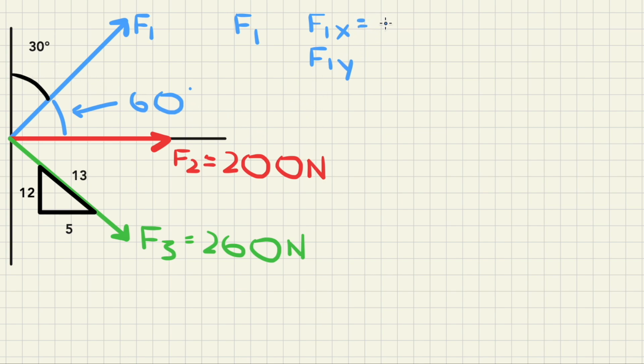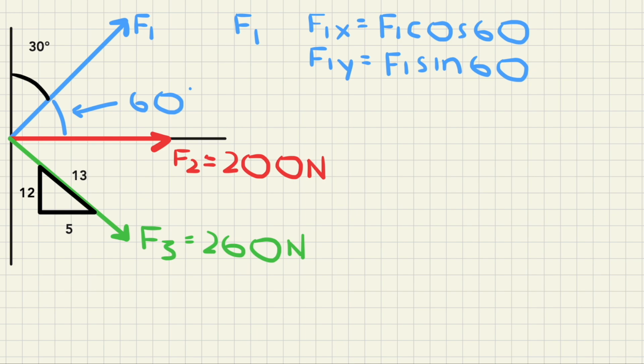And we don't know the value for F1, so we're just going to write that F1 cosine of 60 is our x component for F1. So for our y, same thing, we don't know the F1 component, so we're going to write F1 sine of 60, because that is what's going to give us this.